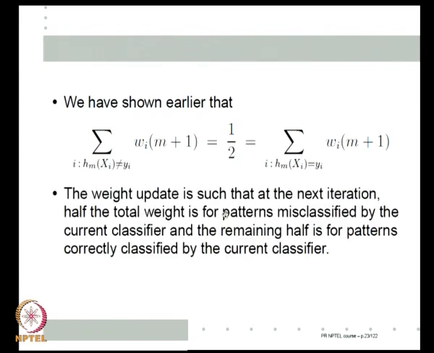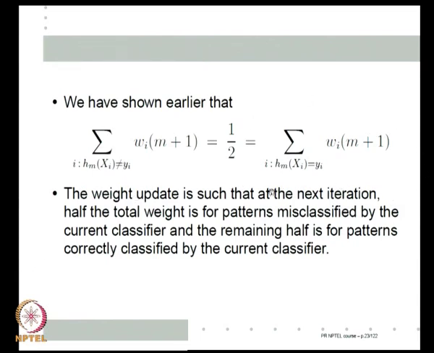What does that mean? The weight update is such that at the next iteration, half the total weight is for patterns misclassified by the current classifier and half the total weight is for patterns correctly classified by the current classifier. This is automatically achieved by my weight update equations. We proved it last class.